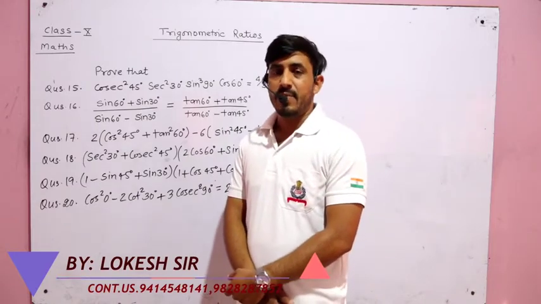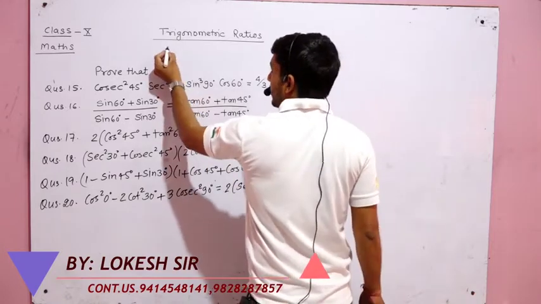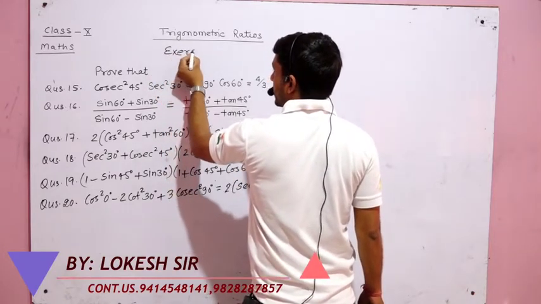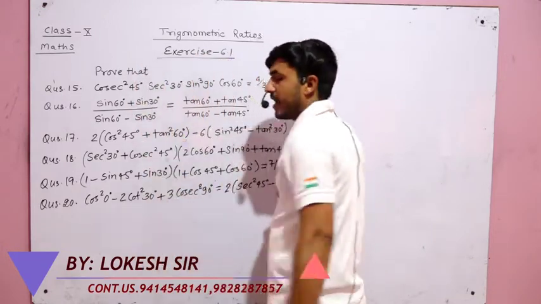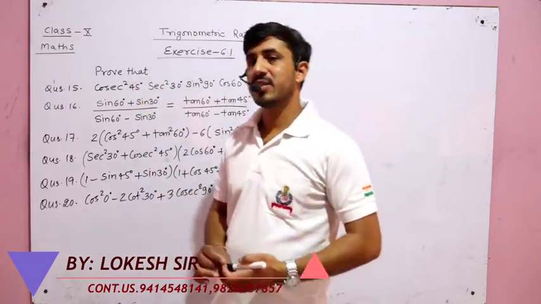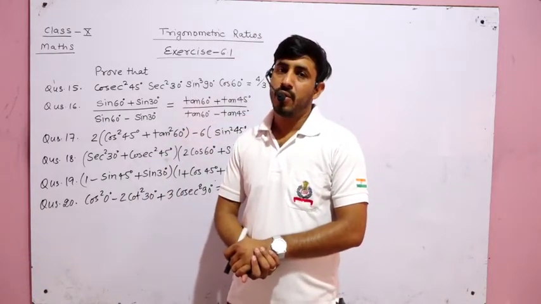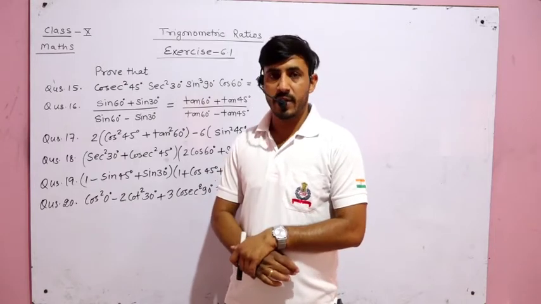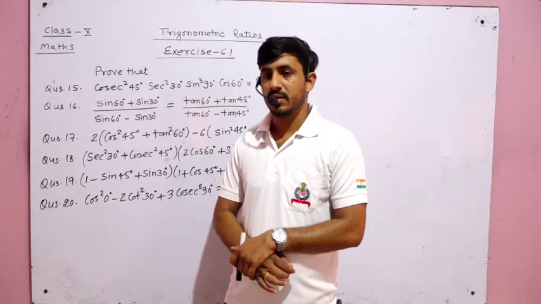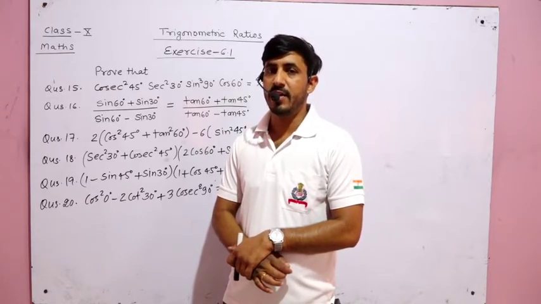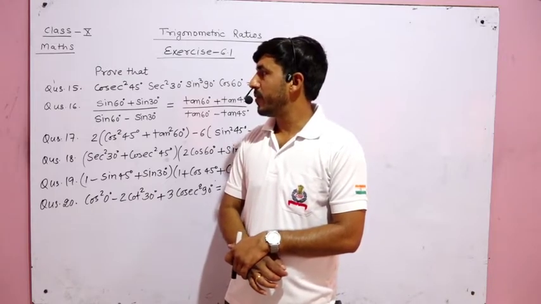We are discussing trigonometric ratios, and in this chapter we are discussing exercise 6.1. As in the last classes, we constructed the table for different angles, and by using that table, for different types of angles, we have solved the questions before 15.